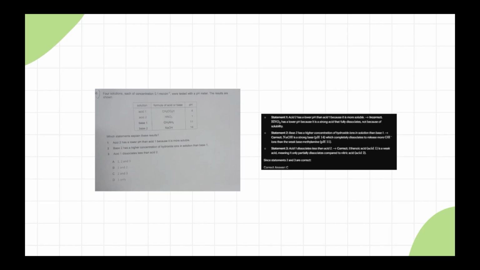NaOH is a strong base, pH 14, completely dissociated to release more OH⁻ ions than a weak base like methylamine, pH 11. Statement 3: Acid 1 dissociates less than acid 2. Correct. Cyanic acid, or acid 1, is a weak acid, meaning it only partially dissociates compared to nitric acid, or acid 2. Since statements 2 and 3 are correct, the correct answer is C.